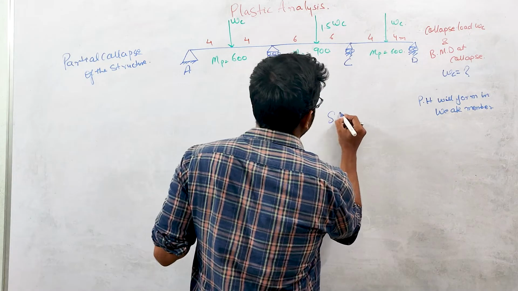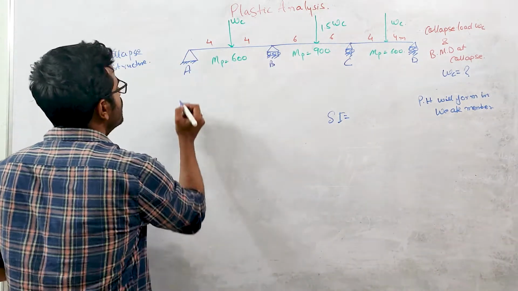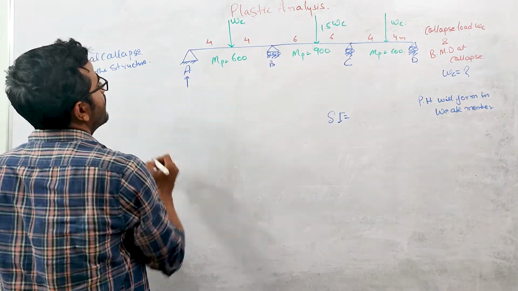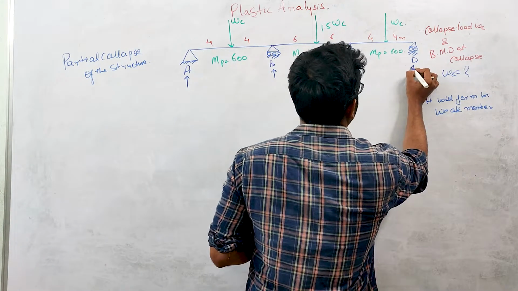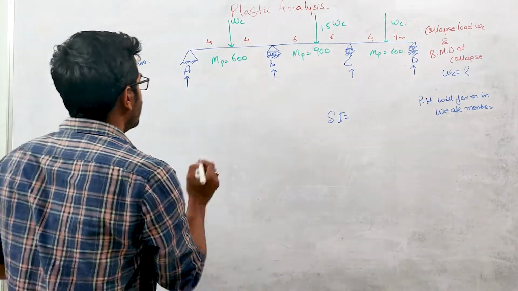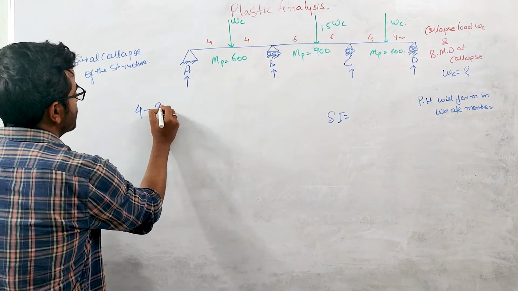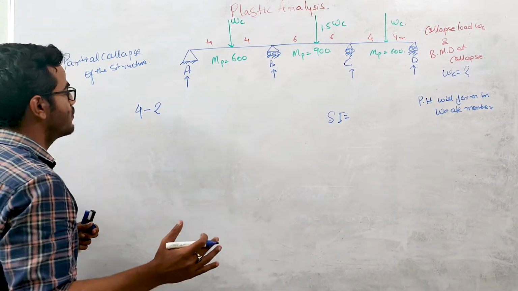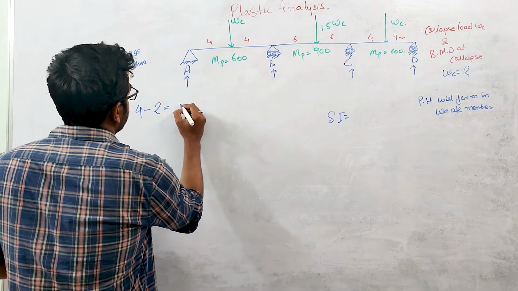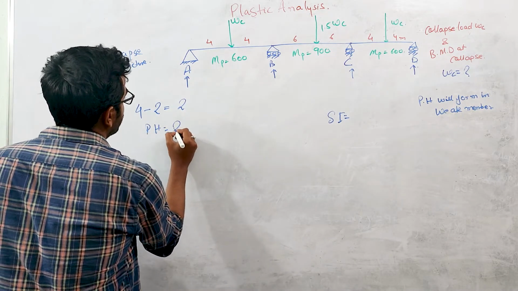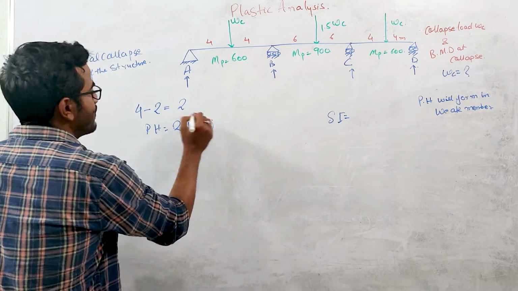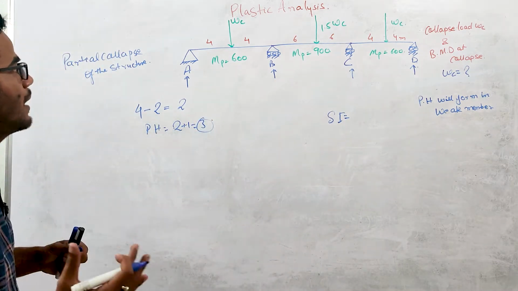There is one reaction at each of these four points, so the total number of reactions is 4 and the equilibrium equations are 2, neglecting the horizontal reactions. So the static indeterminacy is 2, and the plastic hinges required for collapse will be 2 plus 1. So three plastic hinges are required for the complete collapse of this structure.